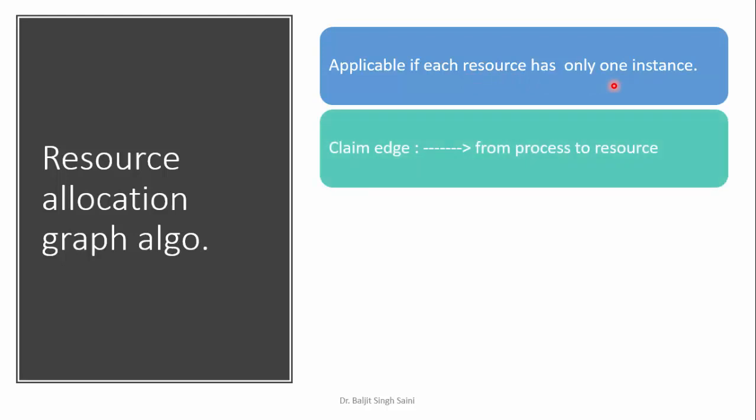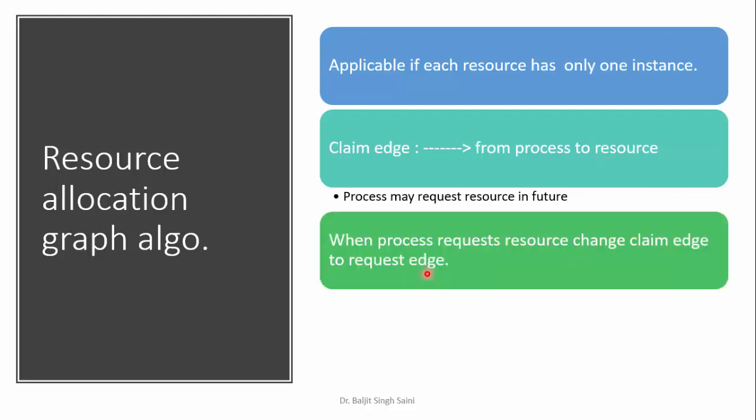If you are going to use resource allocation graph for deadlock avoidance, another edge called the claim edge is introduced. The claim edge is a dotted edge from the process towards the resource. A claim edge means that the process can request the resource in the future. So it's not a request that is currently being made, but this can happen in the future. Whenever a process actually requests the resource, the claim edge will be changed to a request edge.